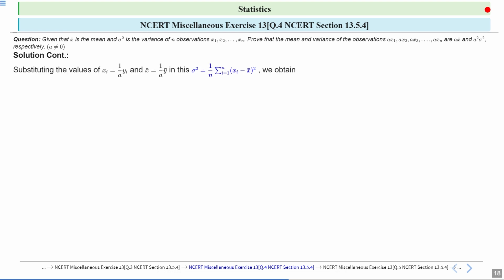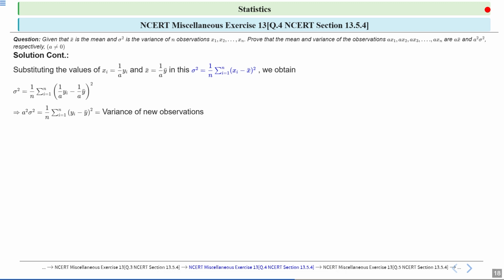Now let's substitute the values of xi equal to 1 divided by a times yi and x bar equal to 1 divided by a times y bar in this formula. Sigma squared equal to 1 divided by n of summation from i equal to 1 to n of (xi minus x bar) whole squared. So we will obtain sigma squared equal to 1 divided by n summation from i equal to 1 to n of (1 by a times yi minus 1 by a times y bar) whole squared.